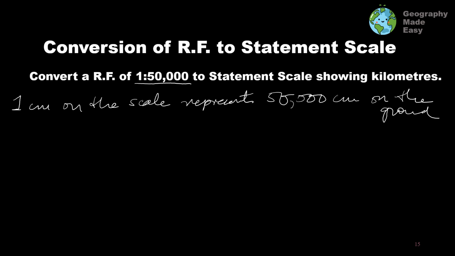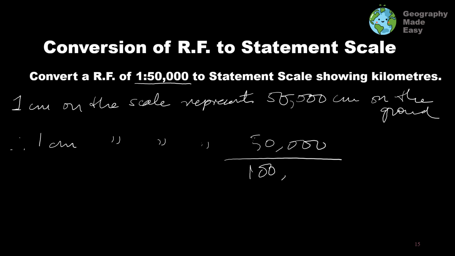So 1 centimeter on the scale represents 50,000 centimeters on the ground. Therefore, I want to convert the centimeters into kilometers. So 50,000 divided by 100,000. So this becomes my kilometers on the ground.